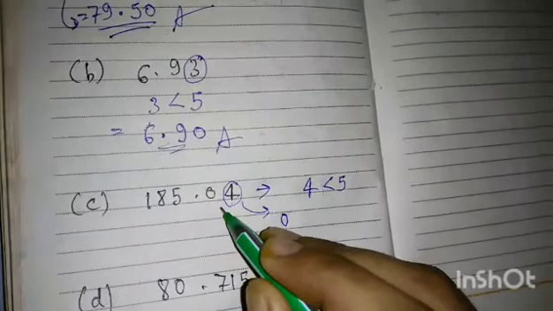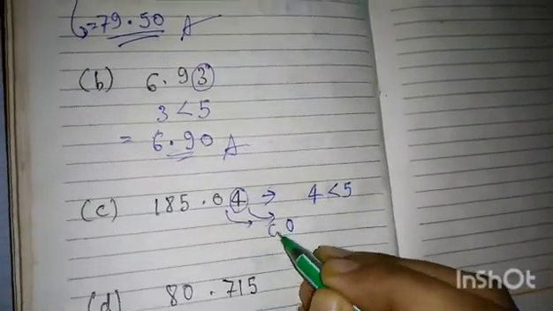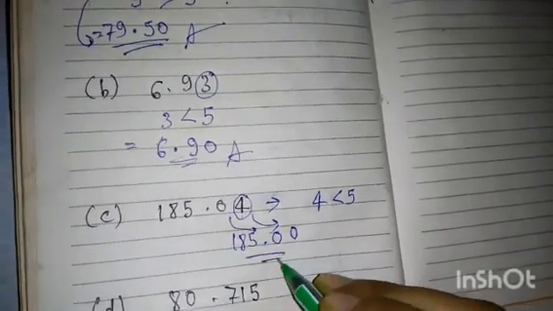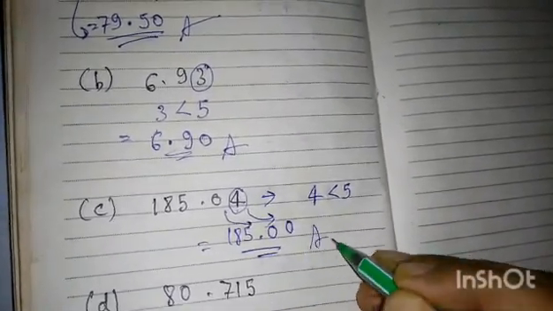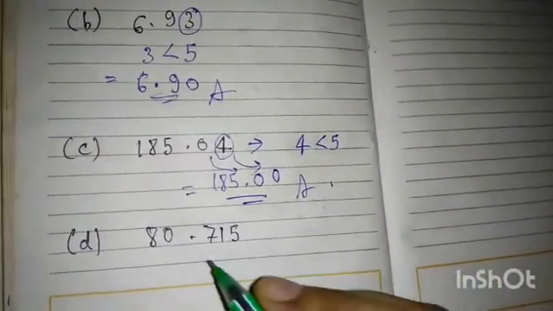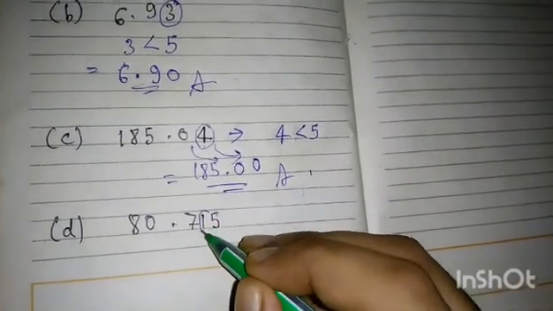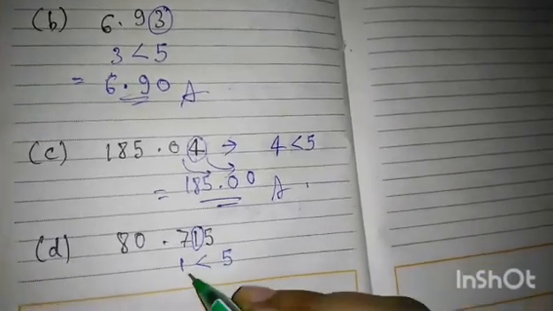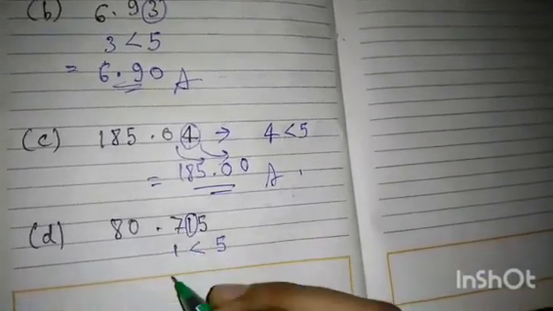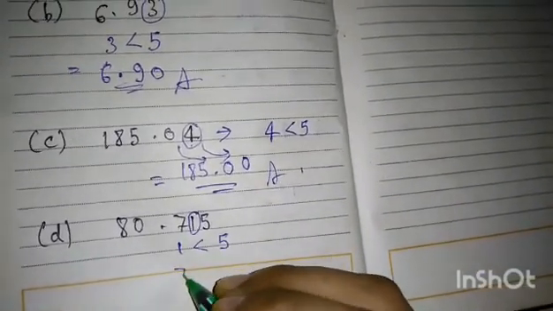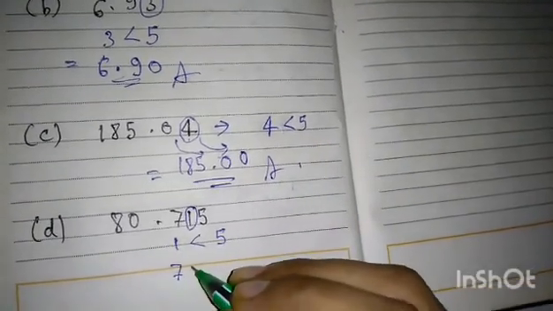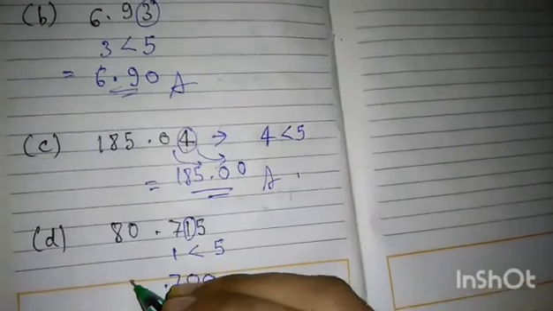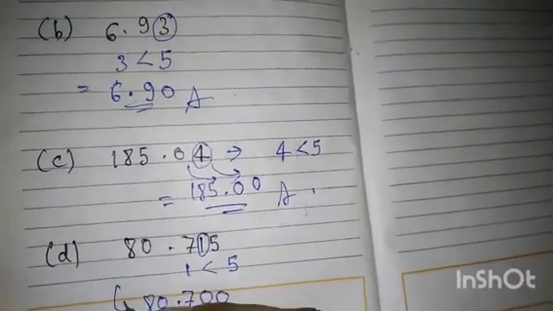Then 0 is not increased by any number, then 0 and 185 as it is. So what it makes? 185. Now 80.715 is given, so the hundredths place is 1 now. So 1 is less than 5. If 1 is less than 5, do not increase the tenths place. It's written as 7 given, 1 replaced by 0 and 5 replaced by 0. Then 80 as it is.